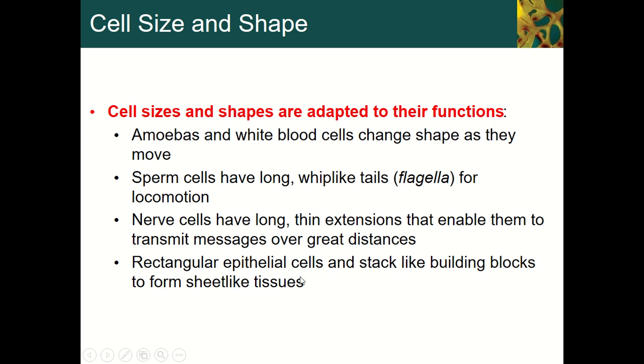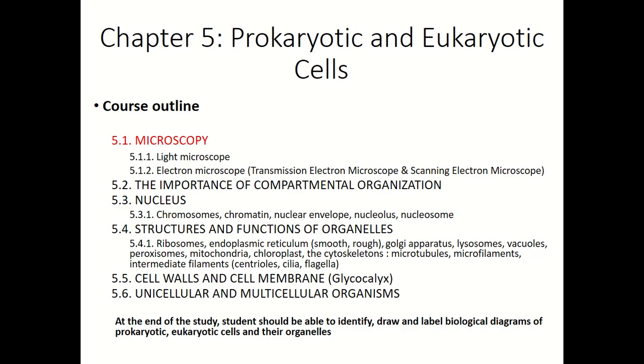Rectangular epithelial cells, which you can find on your skin, stack like building blocks to form sheet-like tissues, such as our skin and the linings of internal organs.